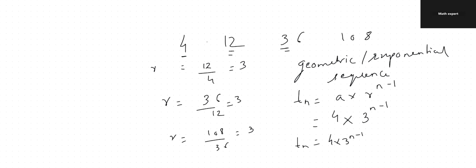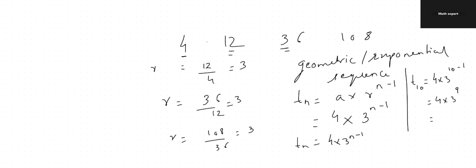If you want to find, let's say, the 10th term, what will you do? You will take n as 10. So 4 into 3 raised to 10 minus 1. So 4 into 3 raised to 9. First you will find 3 raised to 9 and then multiply by 4. In your Cambridge IGCSE, you can use CALC for such big numbers. For other boards, usually they don't give you such big numbers in the power.